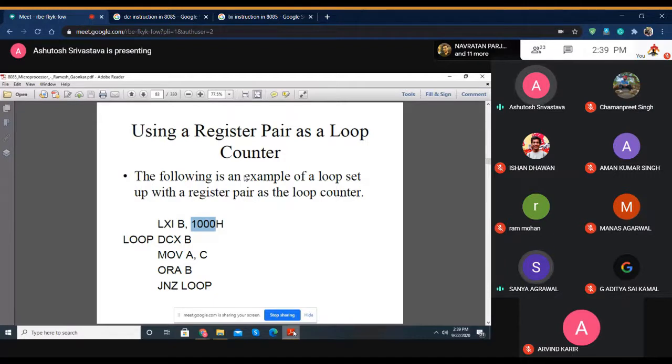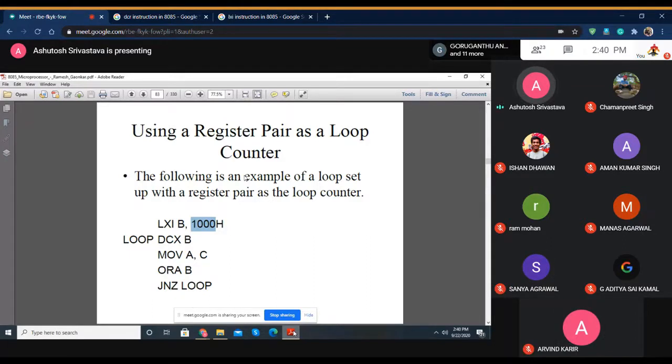And what is the last statement? Jump to the specified address if the zero flag is not set. The specified address means this is the loop. So this will continue to execute till zero is set, right? Yes, sir.